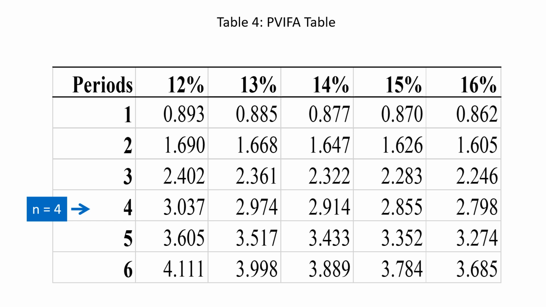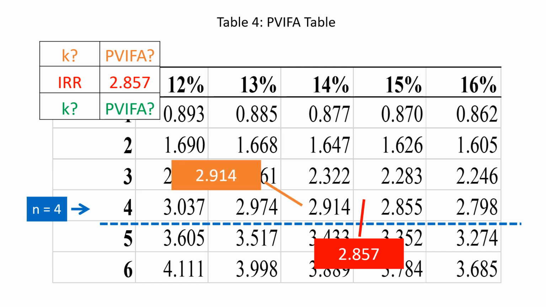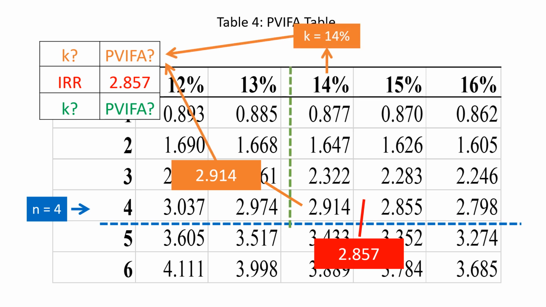We know N. We know the interest factor for IRR, 2.857. It's in between two figures here. We look at the one on the left. We have the interest factor and K. Now we have the value for K and the interest factor.